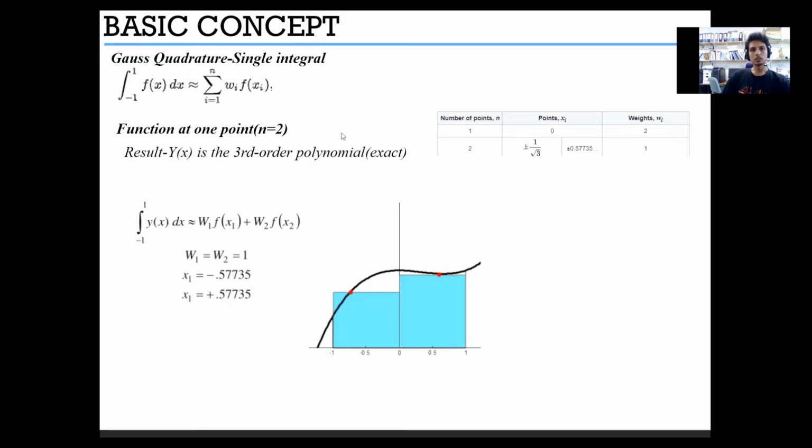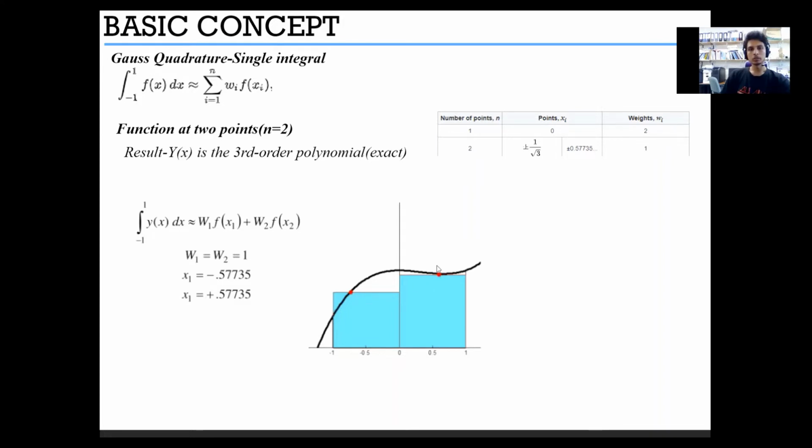Now, if we want to integrate the area for 2 points, then you can see here the points are 1 and 2.